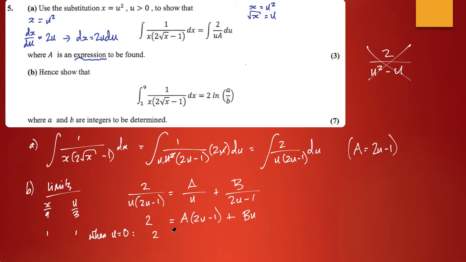I've still got 2 on this side. 2 equals a times 2 times 0 minus 1. It's minus 1a, which is just minus a, and that tells me that a equals minus 2. To get rid of this bracket, I need to have u equals a half. So when u equals a half, 2 equals, that bracket equals 0, so no a, and half b, and therefore b equals 4.